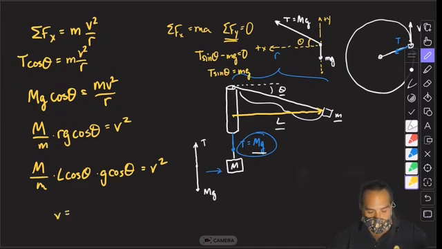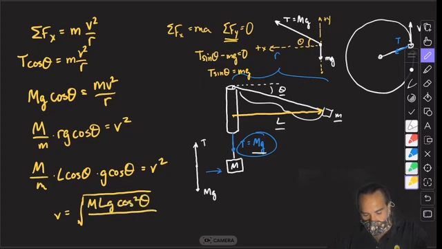So when I do that, I want to get to the end here just to point out a couple things. Capital M, L, g, cosine squared theta all over little m. There's a lot going on here, but the m's cancel out.